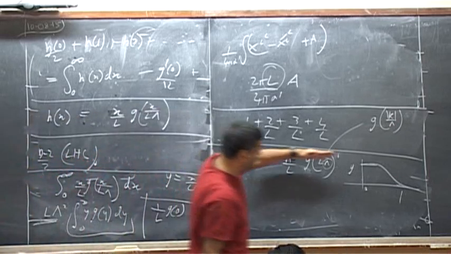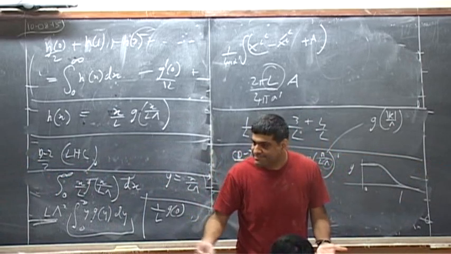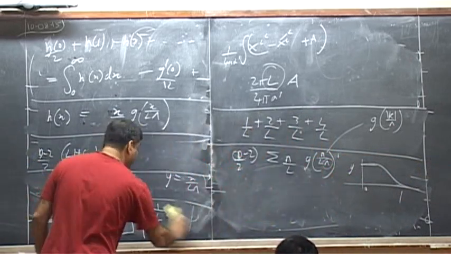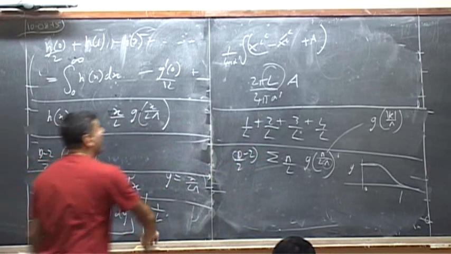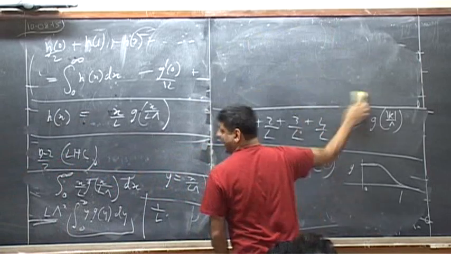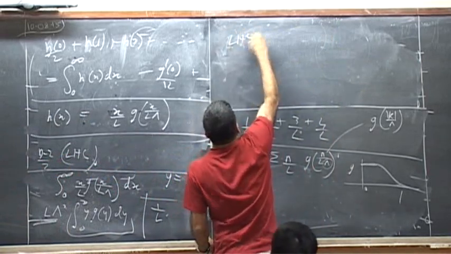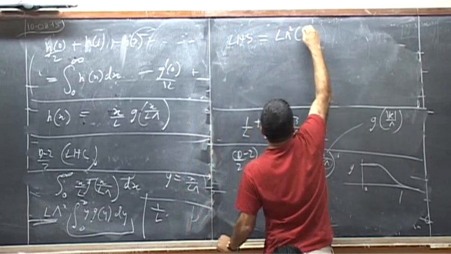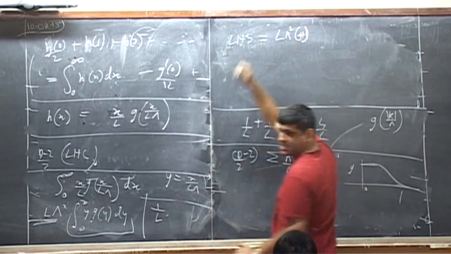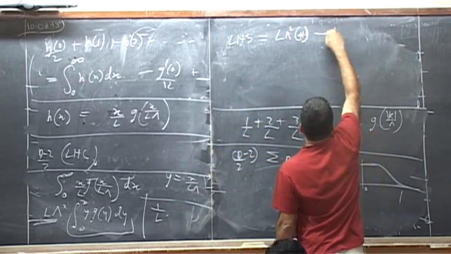But g of 0 by definition is 1, otherwise it wasn't regulated. So we get 1 by L. And so our LHS is equal to L lambda squared times some number which we don't know, but it depends on the cutoff, minus 1 by 12.